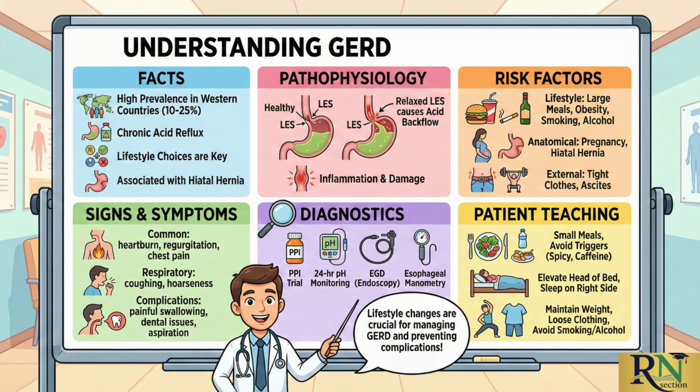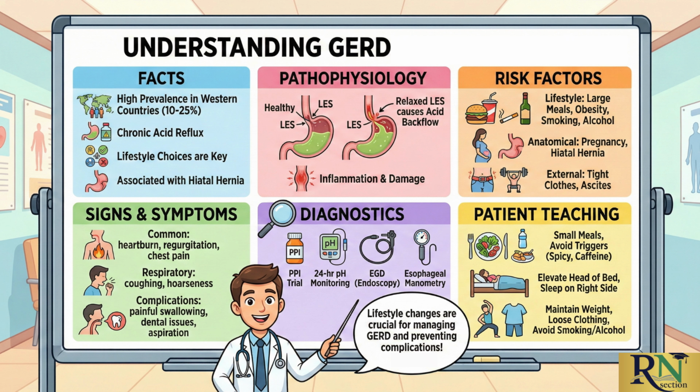So once again, GERD, the pathophysiology: the chronic backflow of gastric contents into the esophagus due to a weak or relaxing lower esophageal sphincter. It causes inflammation, erosion, and can lead to Barrett esophagus, which is precancerous.